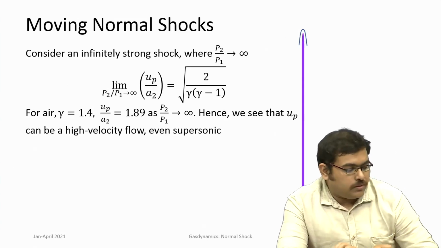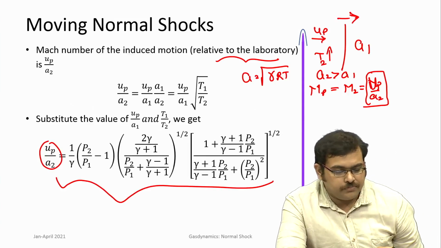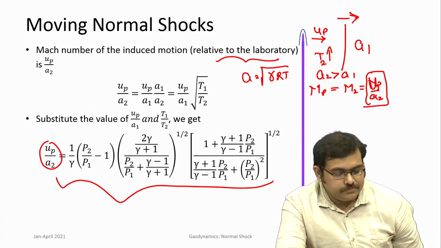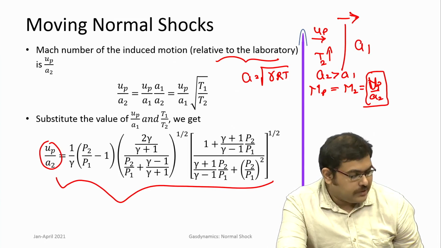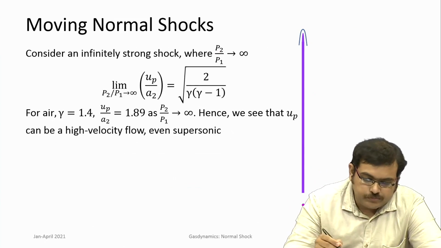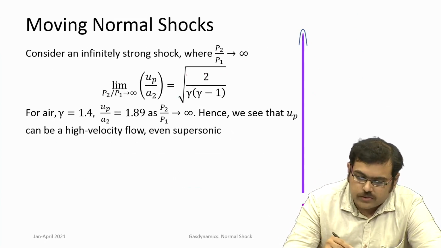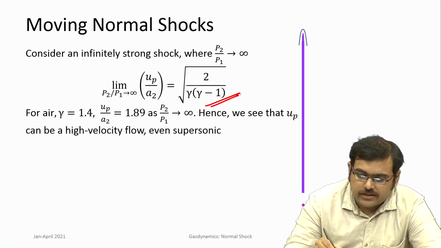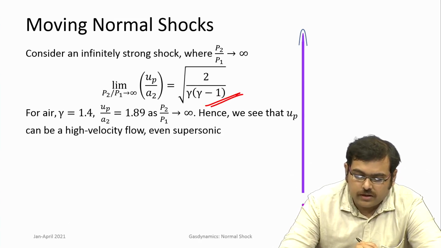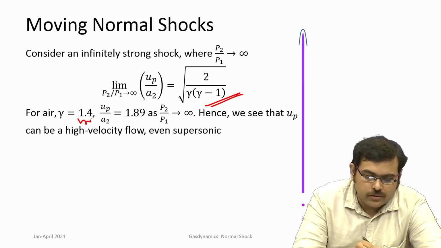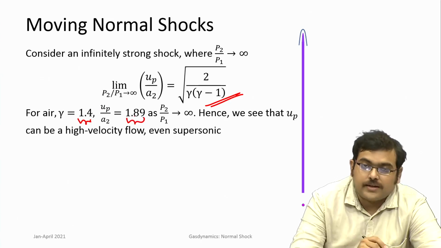If you put the appropriate limit in this expression, P2 by P1 tends to infinity, then you get square root of 2 by gamma multiplied by gamma minus 1. Okay. So, this is the expression, and now if you substitute gamma is 1.4, you get Up is 1.89.